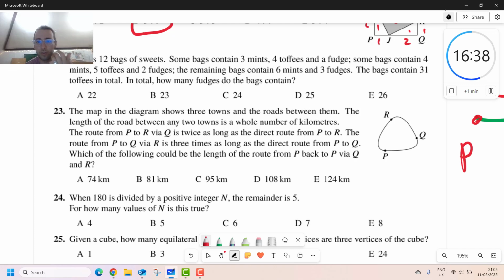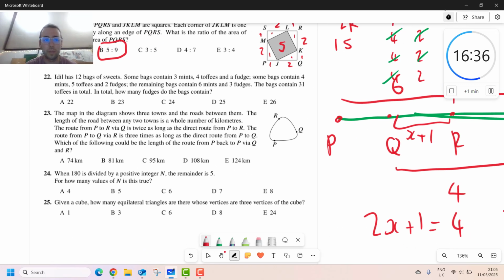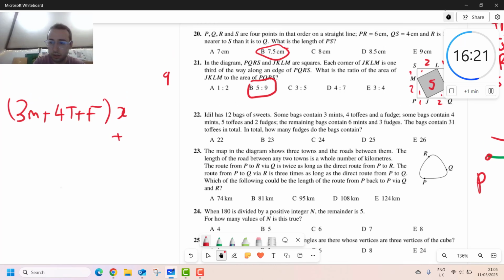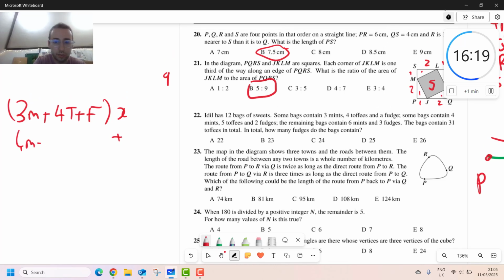Okay, it has 12 bags of sweets. Some bags contain 3 mints, 4 toffees, and a fudge. Some amount plus 4 mints plus 5 toffees plus 2 fudge.